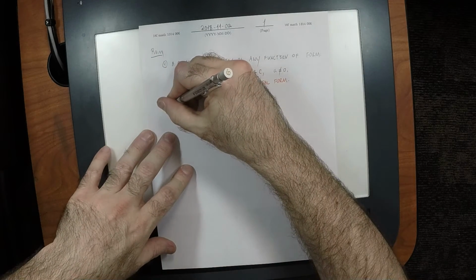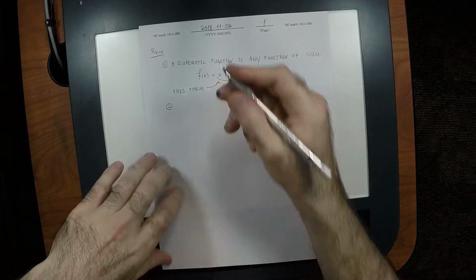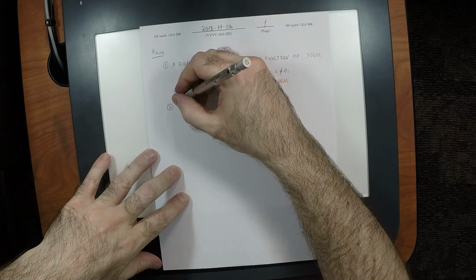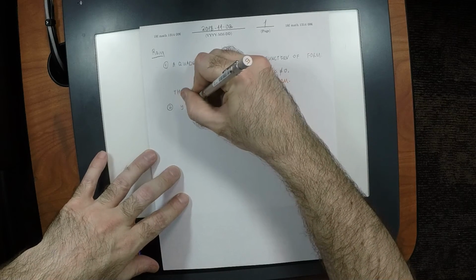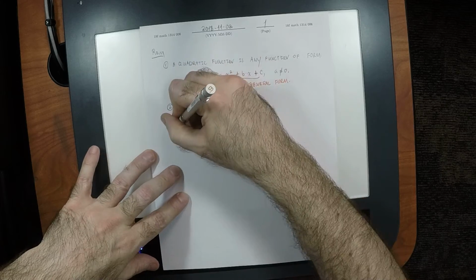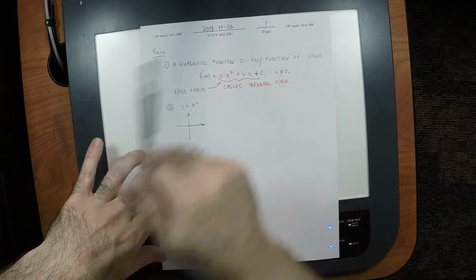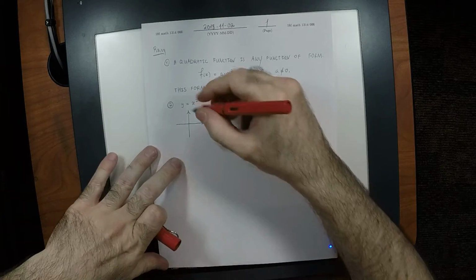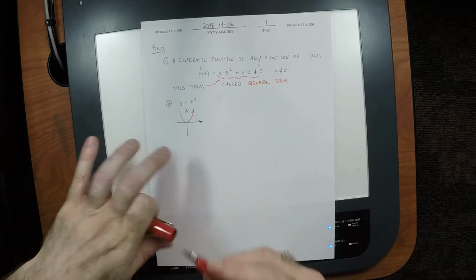2. We said this last time, but I'll just zoom through this bit quick. So this is the standard quadratic. The standard quadratic, its shape is thus, like that.